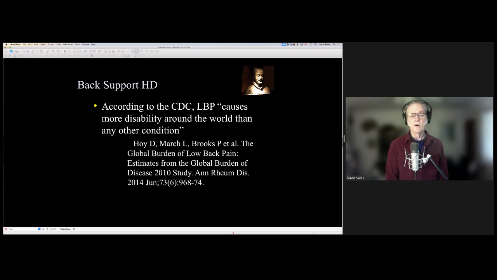Many of them also have lower back pain because it's extremely common. In the third world, it's common usually because of lifting injuries and strain. In this country, it's mostly common because of sitting too much, which is its own unique kind of condition, and we will address that in a little bit.